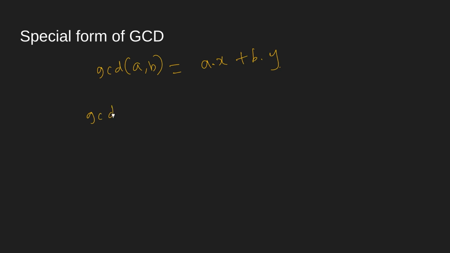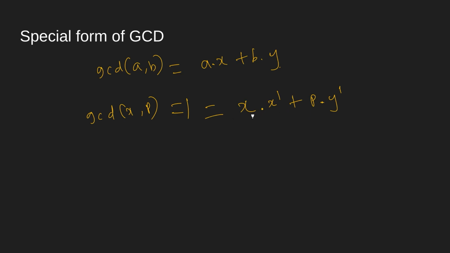And GCD of x comma p, we know that it should be 1, and we also know that it can be written as x times x bar plus p times y bar. I'm just replacing the coefficients with x dash and y dash, since I have already used the symbol x for the previous slide.